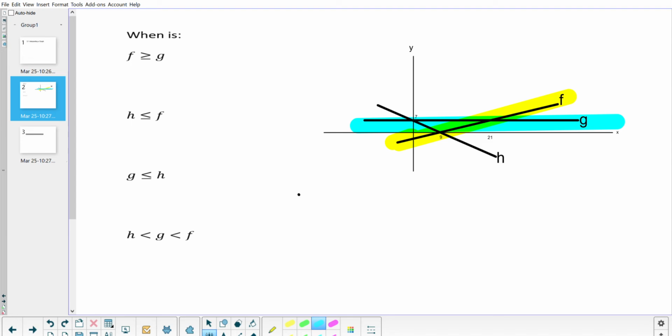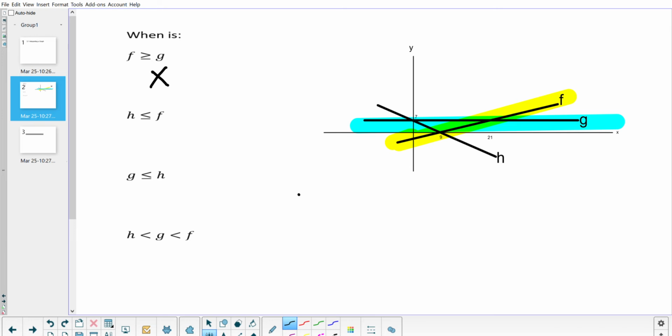When is f above g? That's basically saying when is the yellow above the blue? Well, as you go left to right, blue is above yellow, boom, they intersect at 21, and then yellow is above blue forever after that 21.